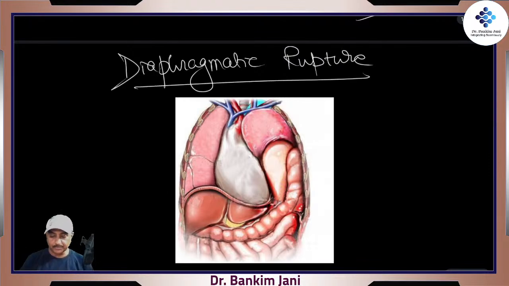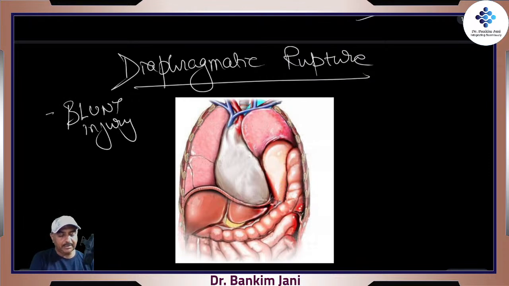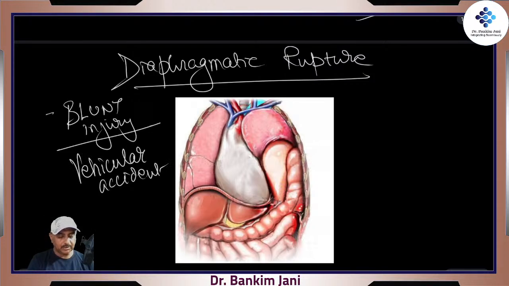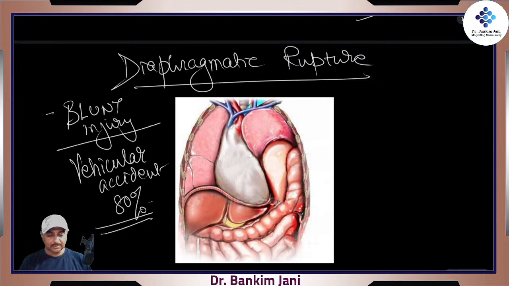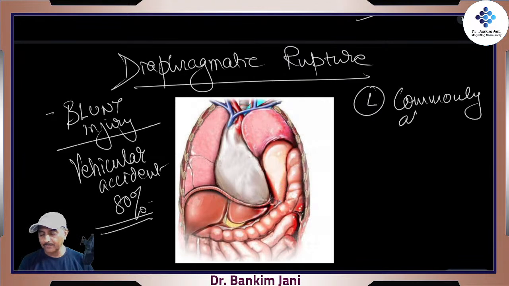Diaphragmatic rupture: the commonest reason is blunt injury, and in almost 80 to 90% of the cases that is a vehicular accident. When this occurs, two things are asked. Which side is the commonest affected? The left side is commonly affected.